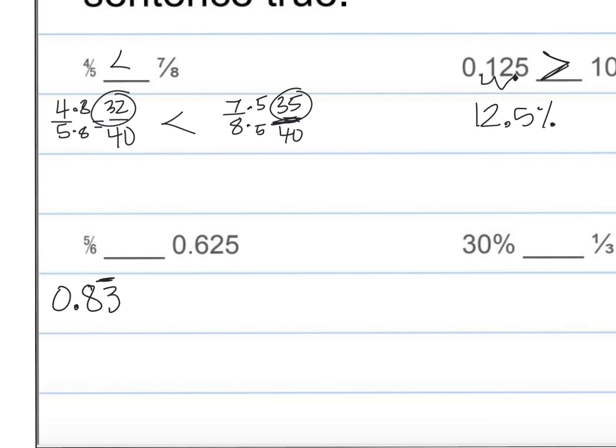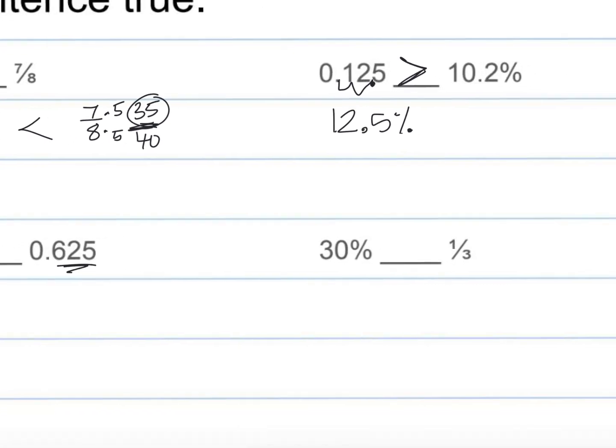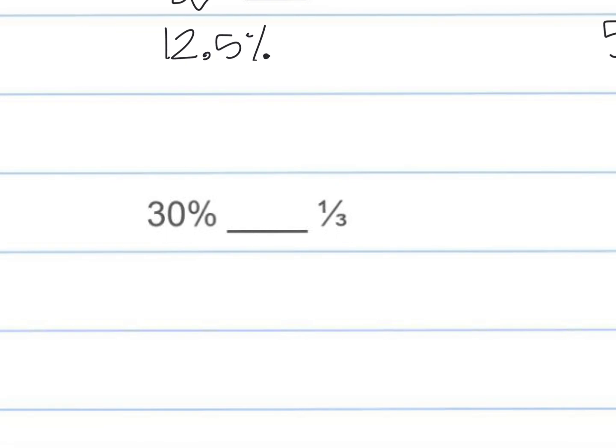Because this goes out to thousands, I'll round it to 833 thousandths. And then we're comparing it to 625 thousandths. 833 is greater than 625, so 5/6 is greater.